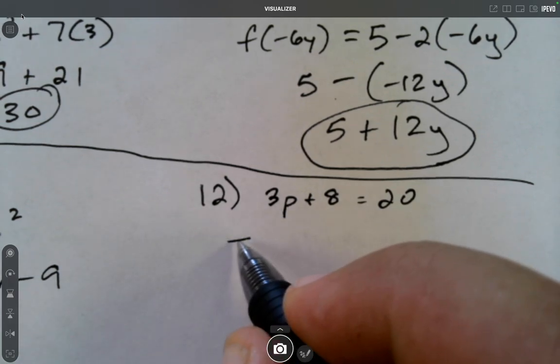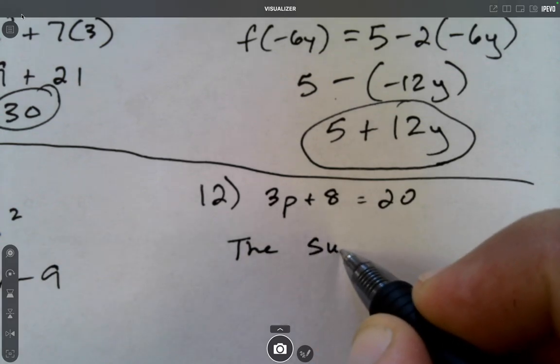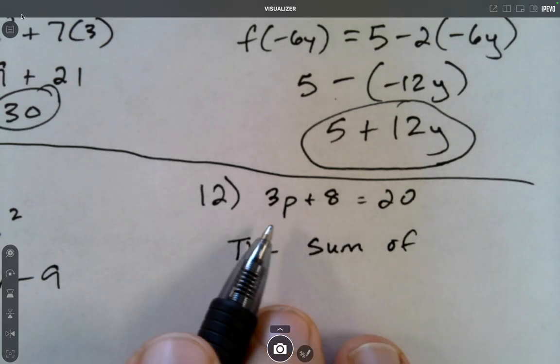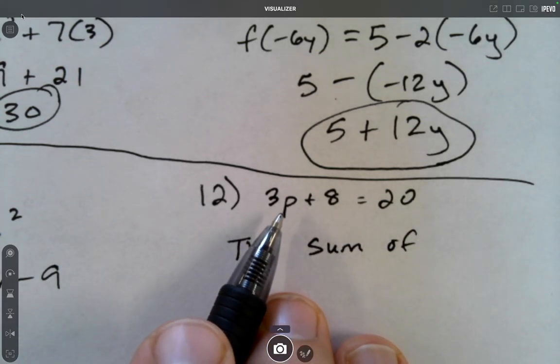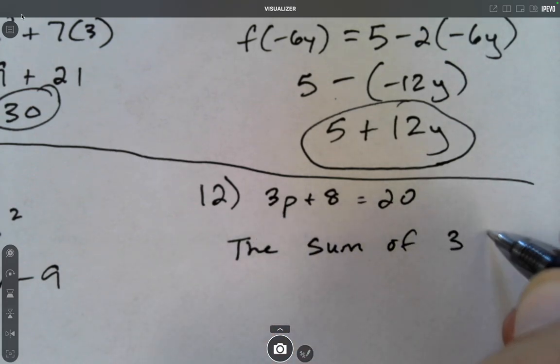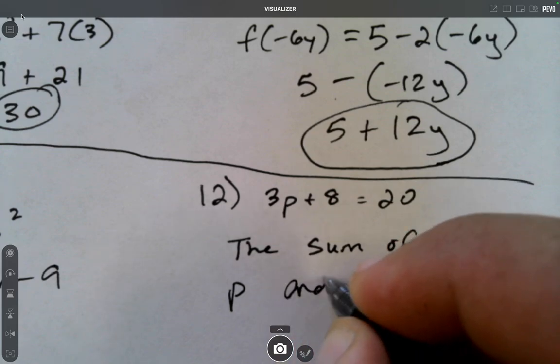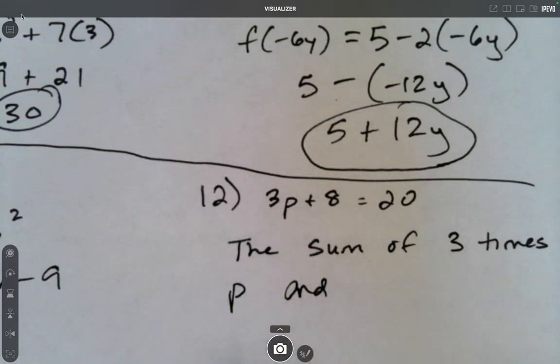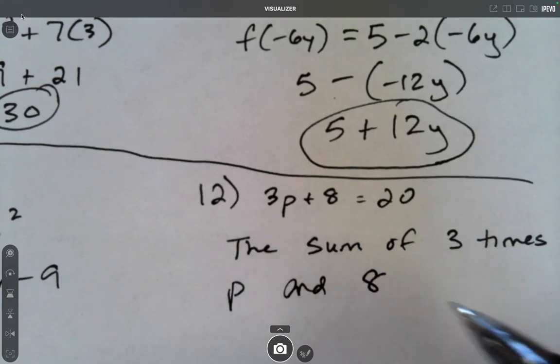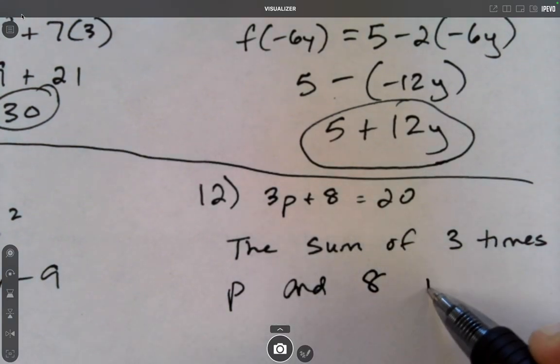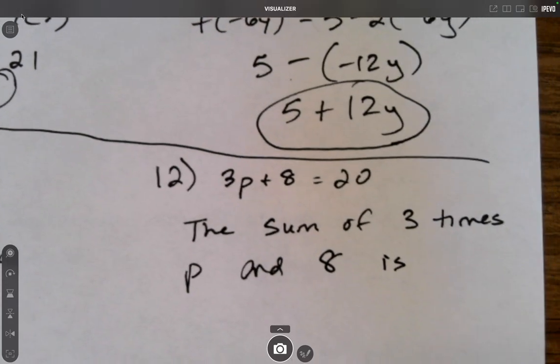So we need to say the sum of, so the first thing we're adding is 3 times p. And we put an and where the addition is, because the sum is what tells us it's a plus. 8 is, or is equal to, or is the same as, you can say any of those, 20.